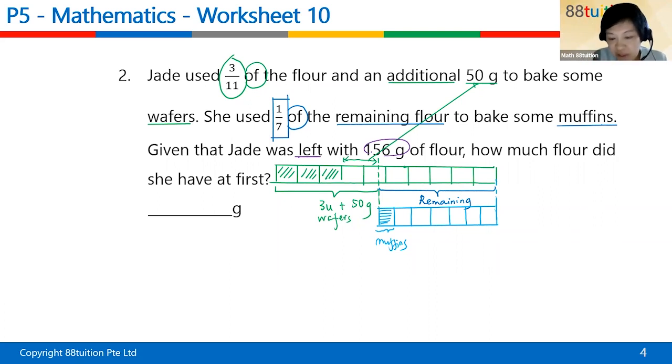Carrie, can you tell me where I can put my purple 156? What do we call this? Carrie, I would like you to help me with this. Okay. Where? Shaded blue, unshaded blue. Thank you.